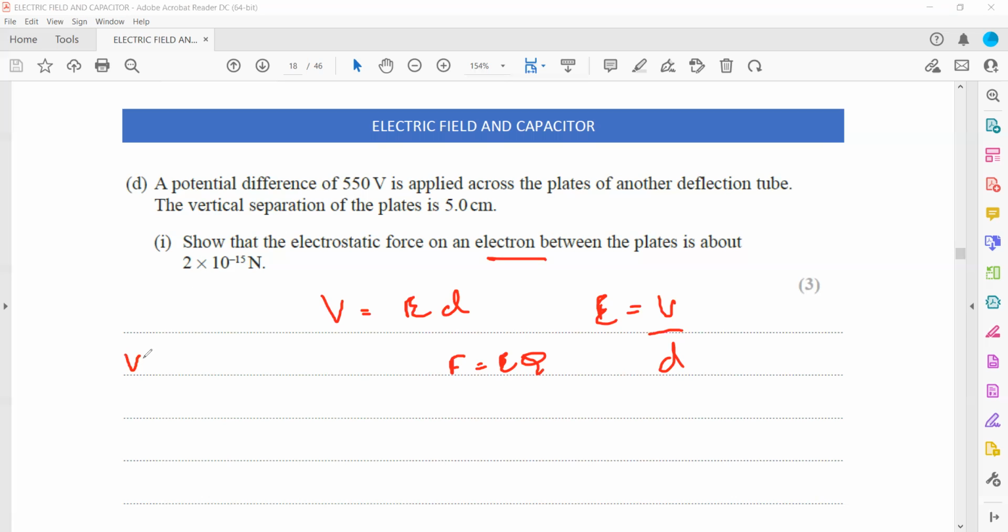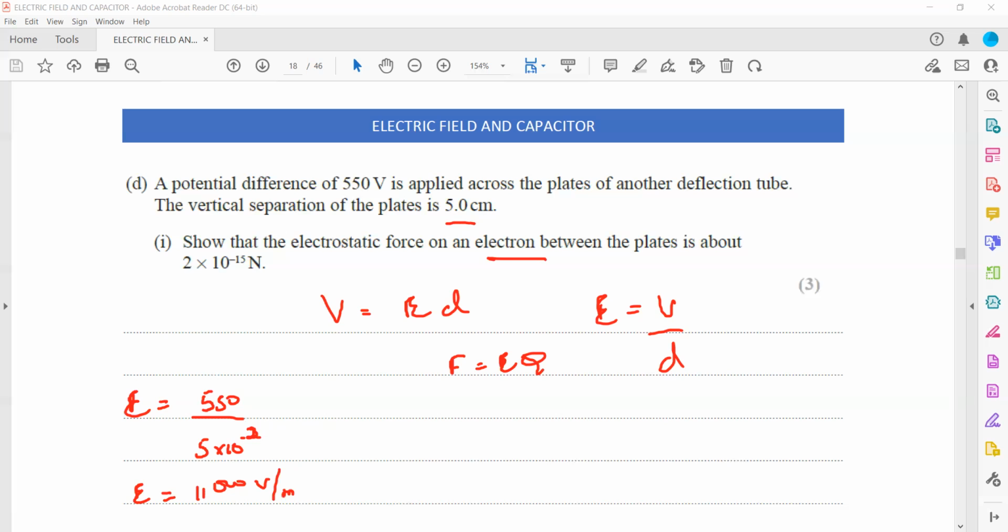First we find the strength of the electric field between the plates: 550 divided by 5 centimeters. Don't forget to convert into meters, so it is 5 times 10 to the power minus 2. This will be the strength of the electric field, which is about 11,000 volts per meter, or you can also say newtons per coulomb.